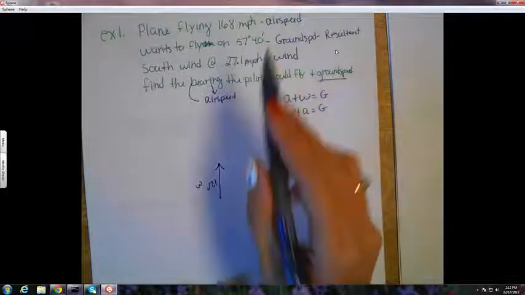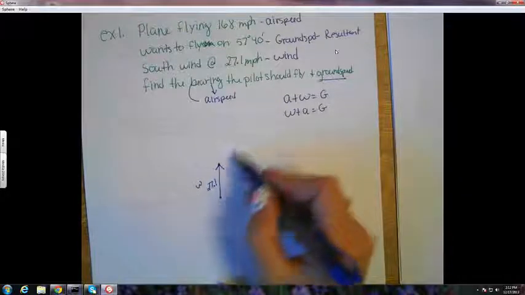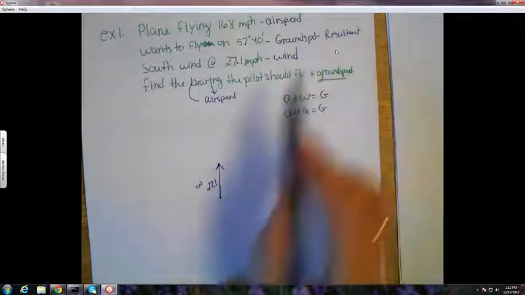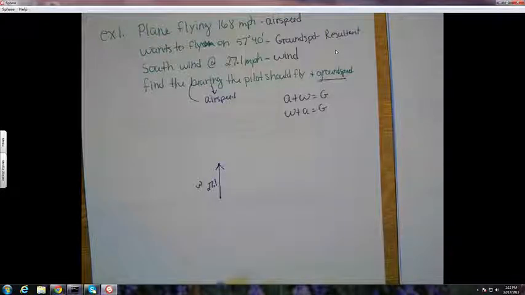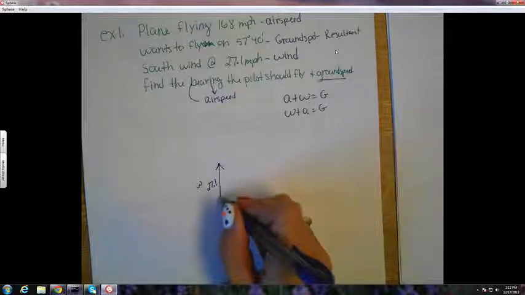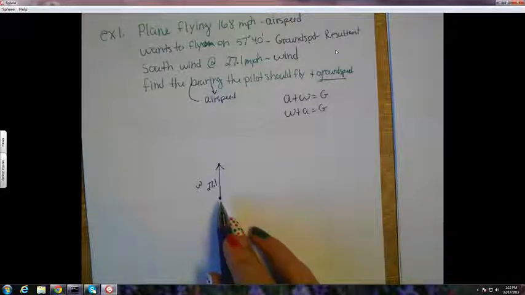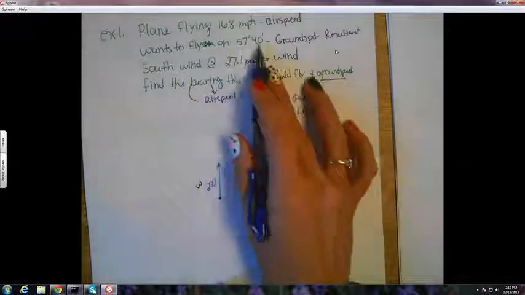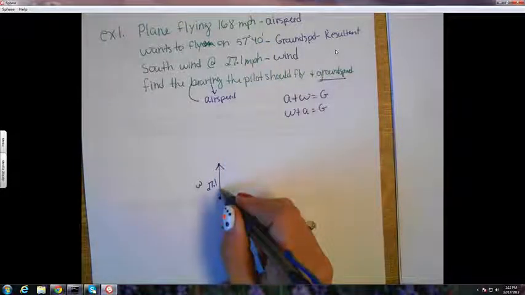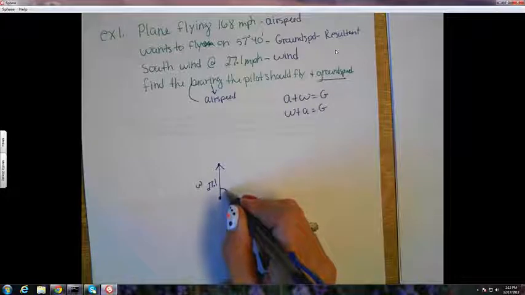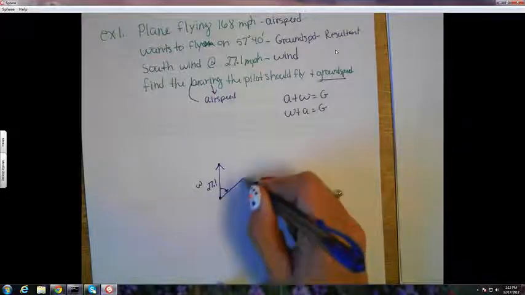So if the airspeed's getting attached here, where would the resultant start? The dot. At the tail. This is where the ground speed starts. So I'm going to draw that one in. Let's see, what do we got? 57 degrees, 40 minutes. So I'm going to swing over. Here's the ground speed vector.